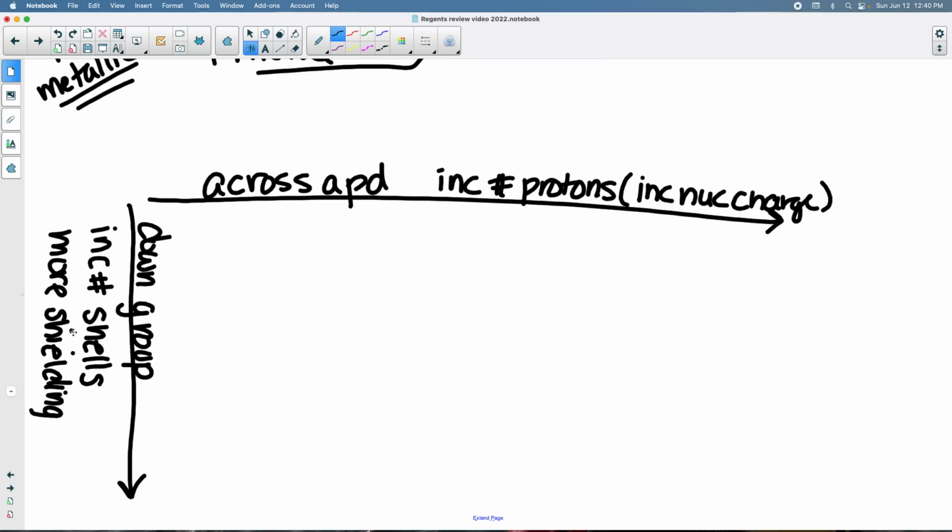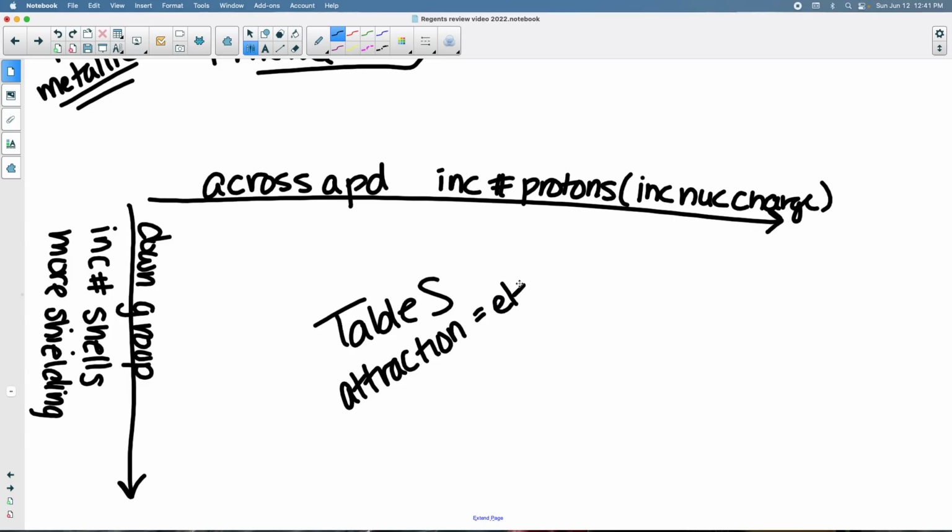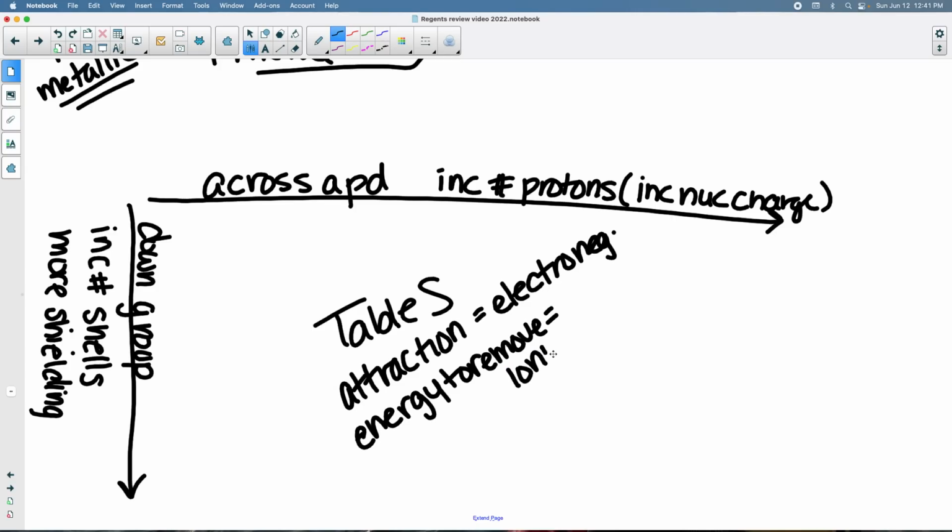When you are looking up those trends, you're going to use table S: attraction for electrons is electronegativity, energy to remove is ionization energy, and then size or radius, you're going to look up atomic radius.